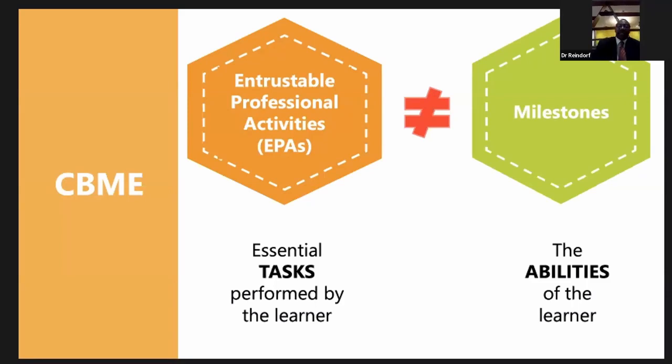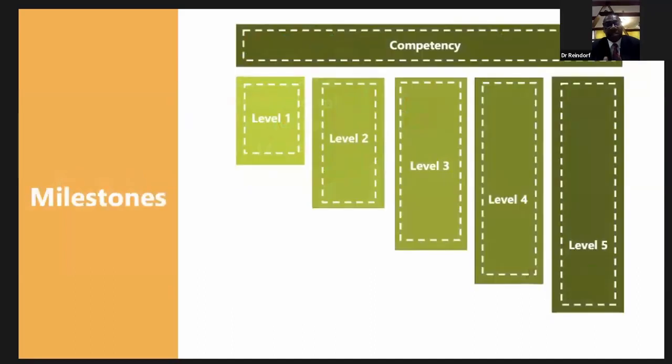That refers to the abilities of the learner, and the EPA is actually a specific task that you can say, I can entrust it to a learner because now he has gone to a milestone where he or she can be left alone. So there's a competency level.